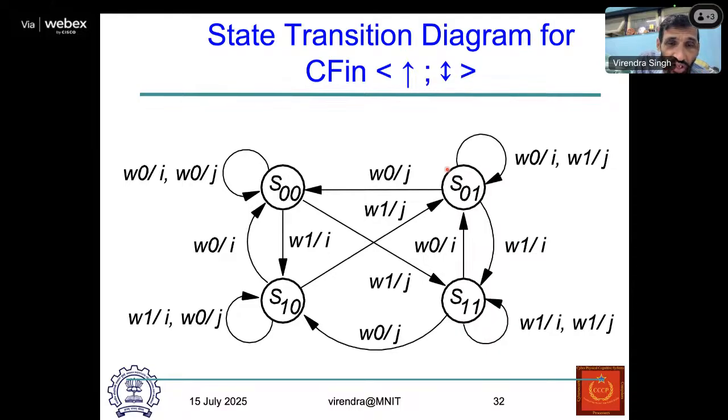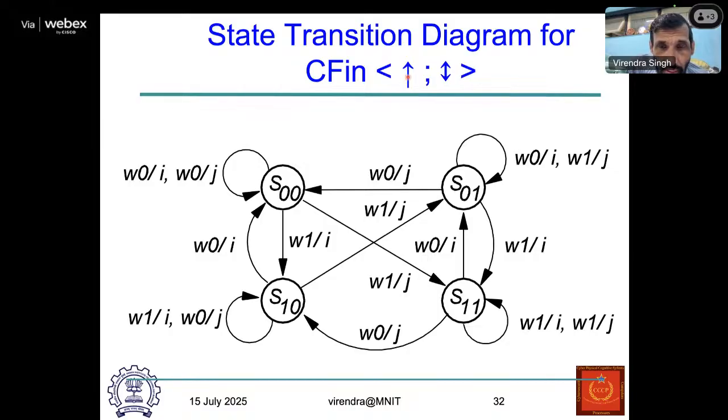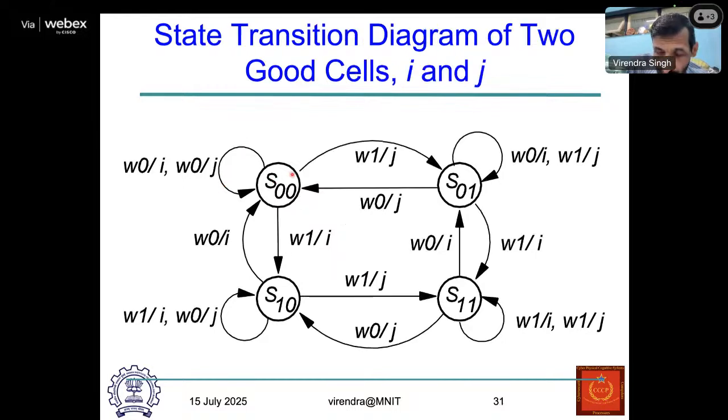Now when I change the jth cell, the ith cell is also getting upset. So when there is a transition on the jth cell, the ith cell is upset. The transition in the good cell was this one. When I am transiting the jth cell from state 0 to 1, this also upsets or flips the value of the ith cell.